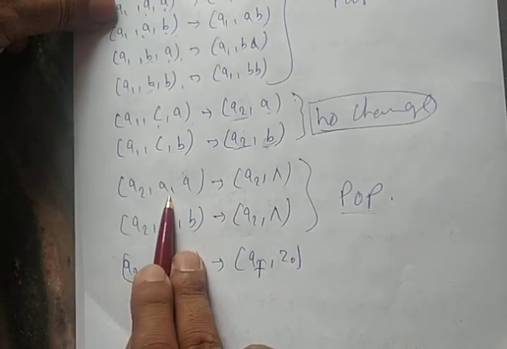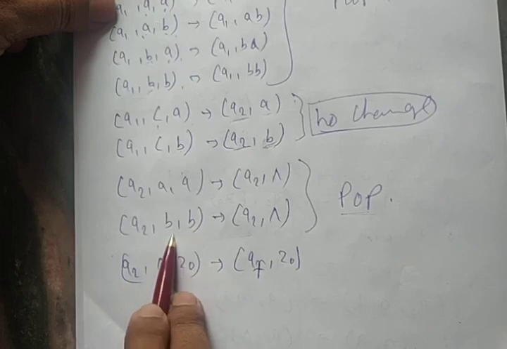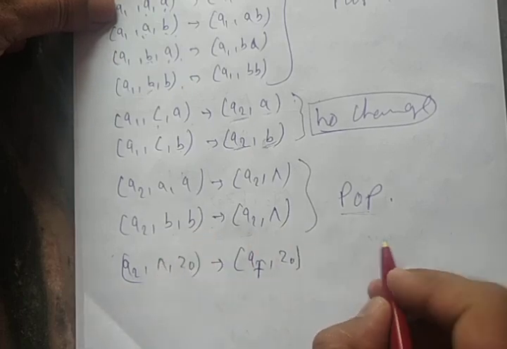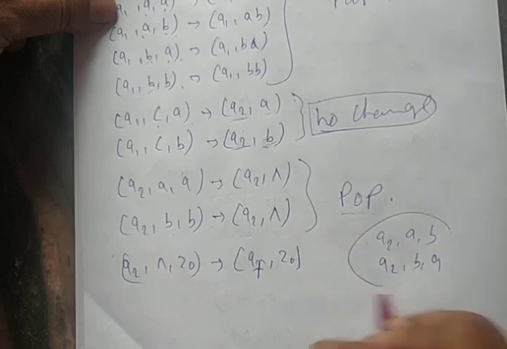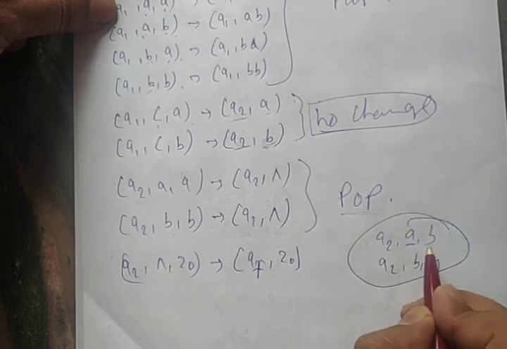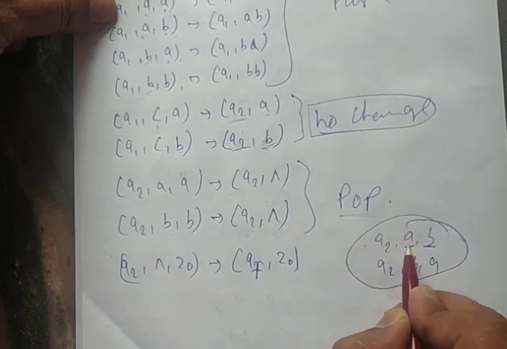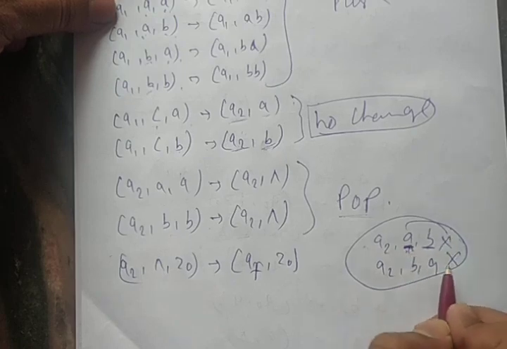So for deletion, once again, we have only two rules. We do not have rule Q2 A B or Q2 B A. The reason is that if the top pointer is B and the input pointer is A, it means it's not a palindrome.